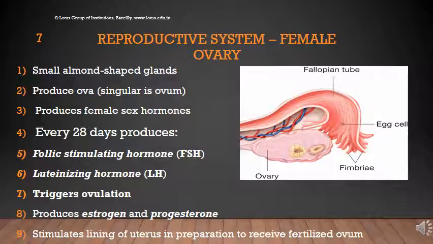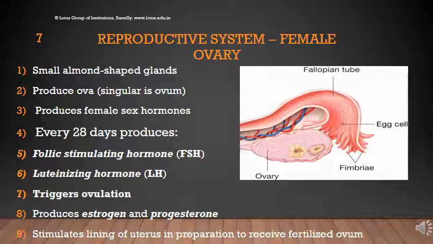In the next slide, reproductive system, female ovary. In this slide, we will study the structure and function of the ovary. As you can see in the diagram, the ovary is very small in size, a small almond-shaped gland.